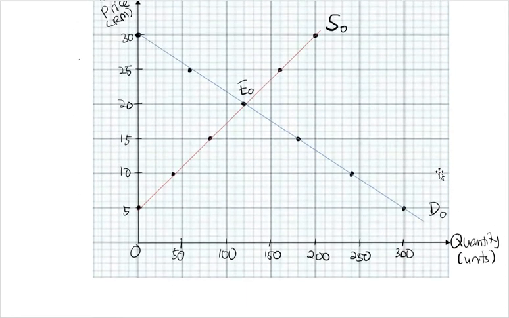Or you can also find from the graph. So what you do is you drag here from the equilibrium, and this is your equilibrium price, and then from the market equilibrium you drag downward, you get here 120, which is your equilibrium quantity.